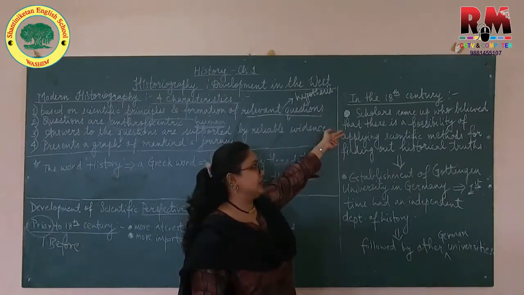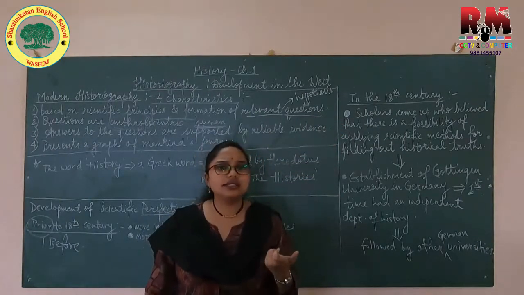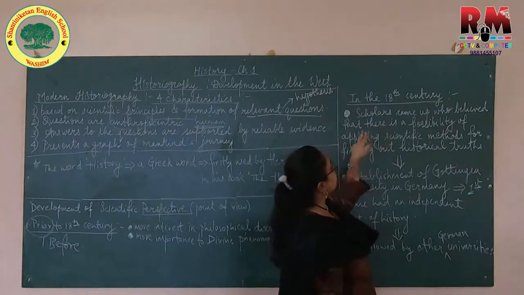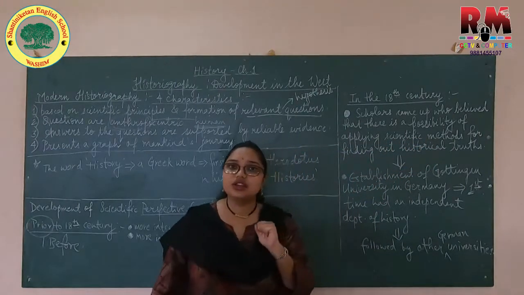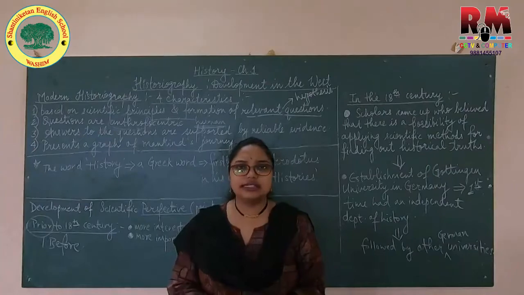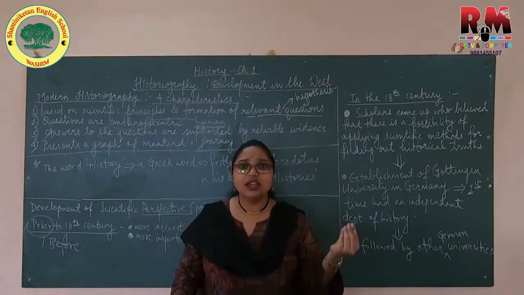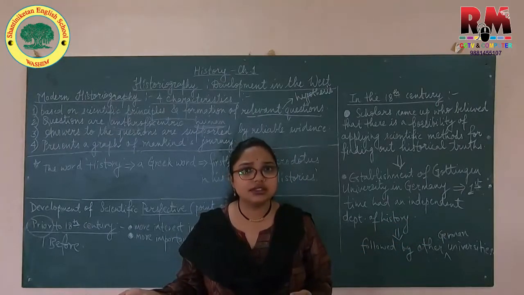in the 18th century, certain scholars came up, children, who believed that there is a possibility of applying scientific method for finding out historical truths. So the scholars said that let us at least try to use certain scientific methods for finding out historical truths.